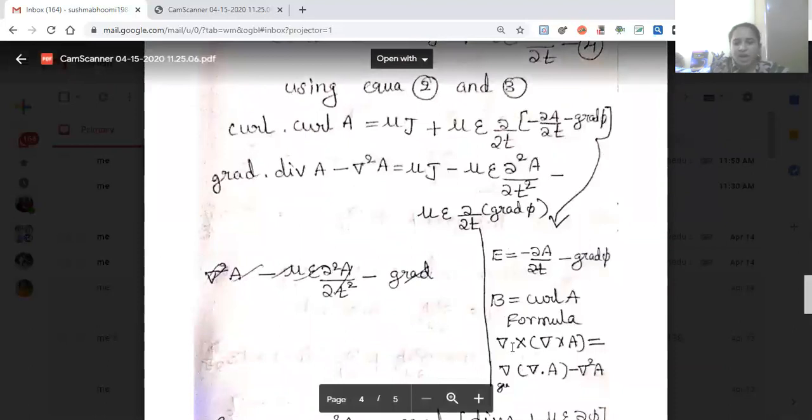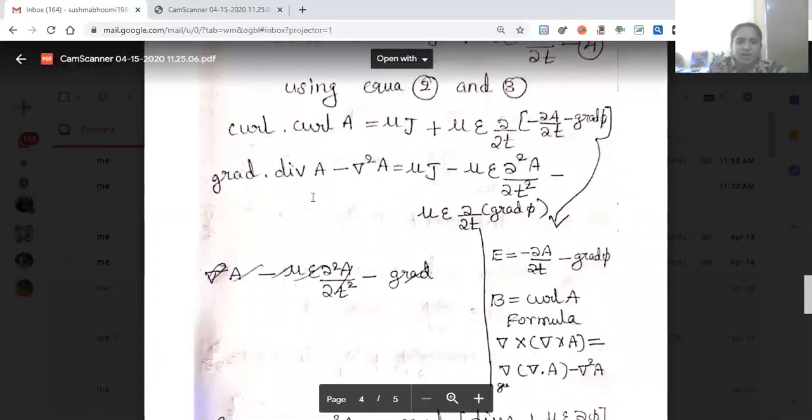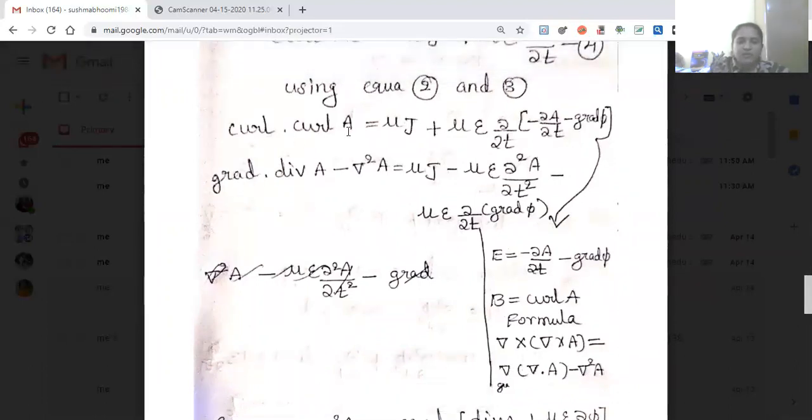That is, curl of curl A equal to gradient of divergence of A minus del square A, and then equal to mu J, then minus mu epsilon del square A by del T square.